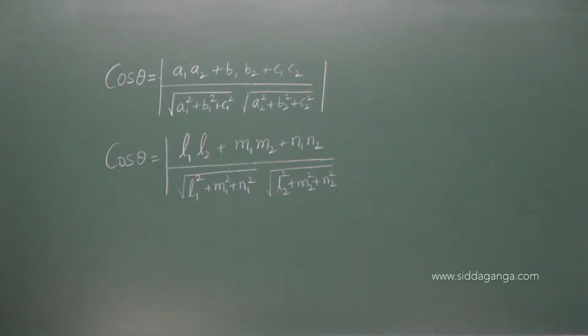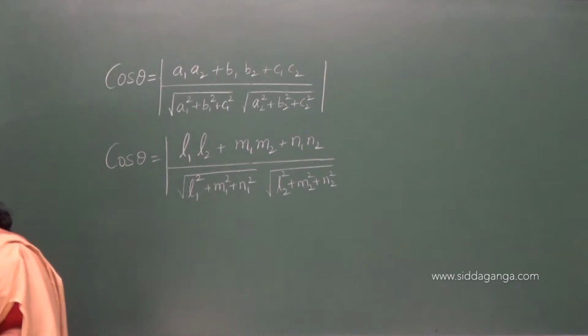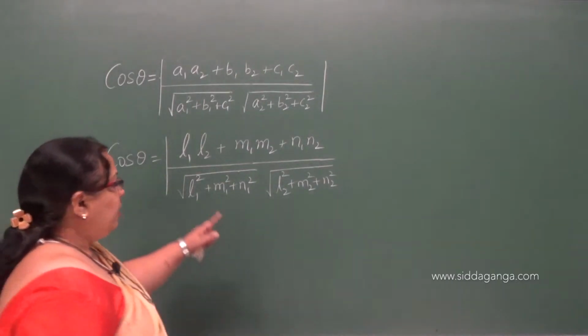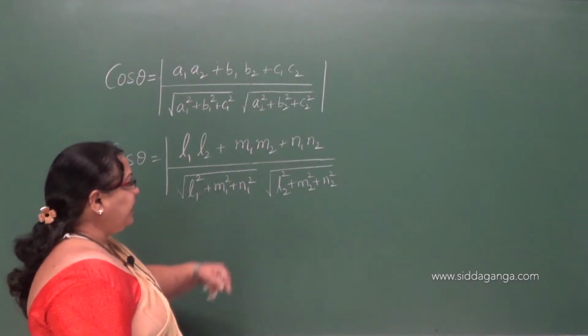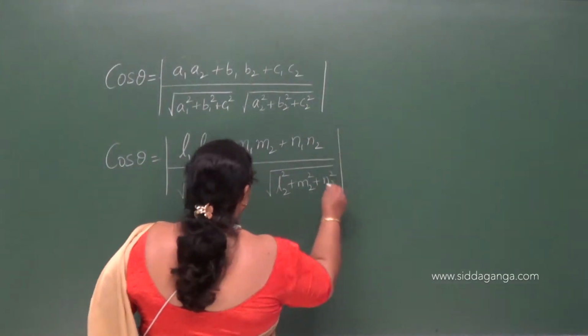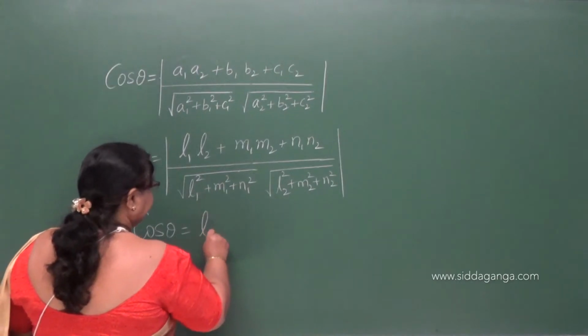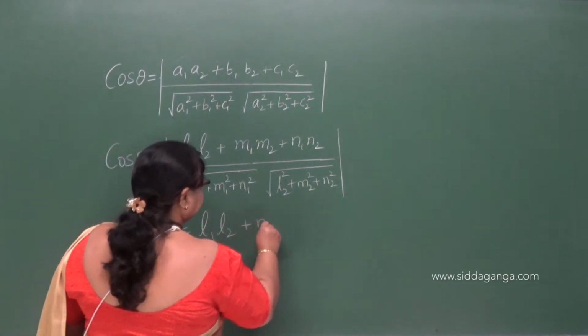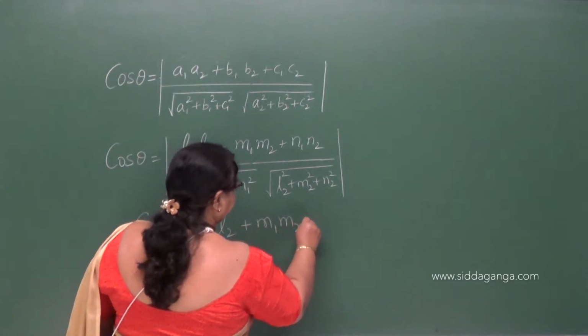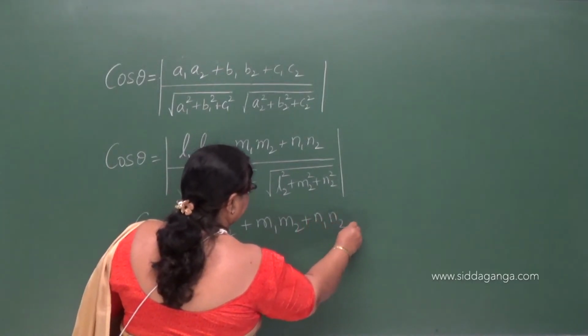So therefore, in terms of direction ratios we had this, and now using the identity this reduces to cos theta equal to L1 L2 plus M1 M2 plus N1 N2.